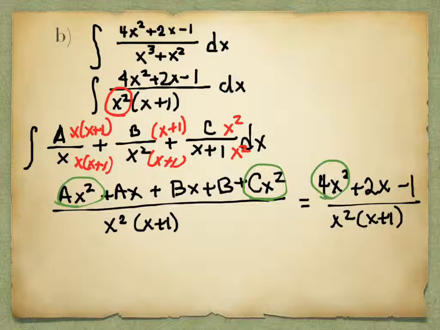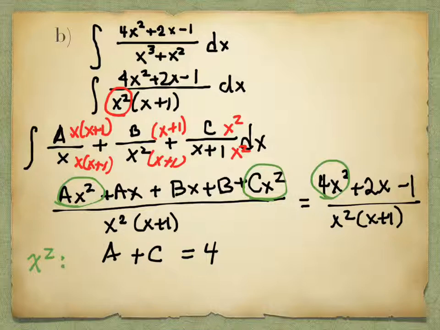So if I'm collecting x squared terms, I have on the left a plus c, and it equals the number 4 on the right. Does that make sense to everyone? Sort of like I've factored the x squared out of all of them. There has to be the same number of x squared on the left of the equation as there is on the right of the equation.